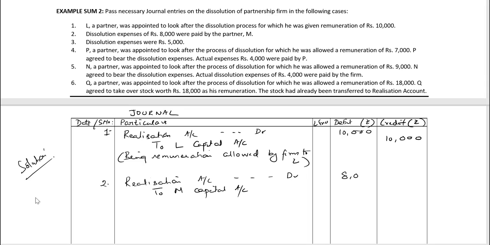Amount 8,000 rupees. Narration: being expense borne by firm and paid by partner M.